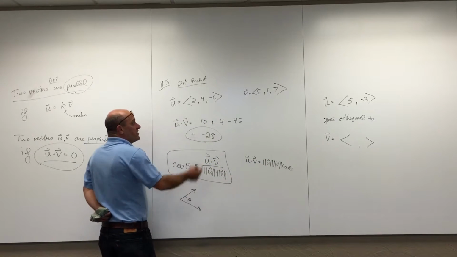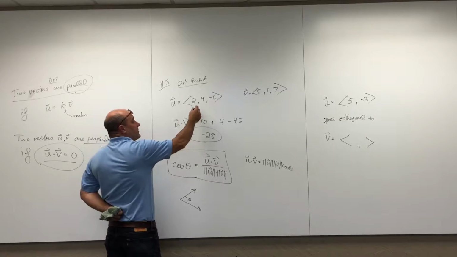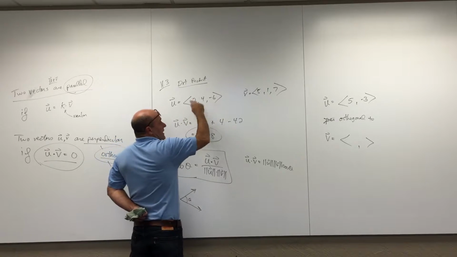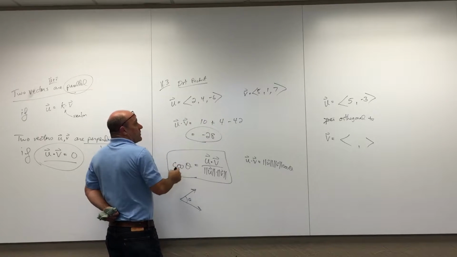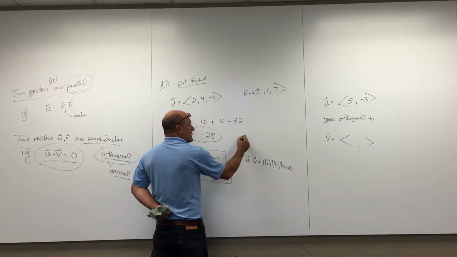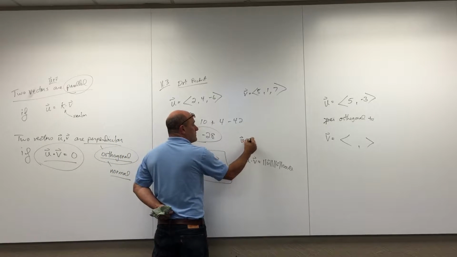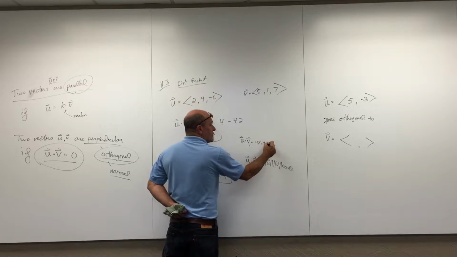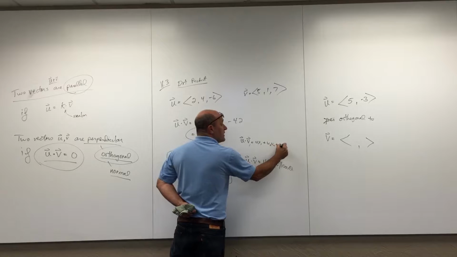Hang on, but we just did a dot product this way. How did we do this dot product? Multiply the x's, y's, and z's and add them up. See, the other formula for a dot product is u1 v1 plus u2 v2 plus u3 v3.